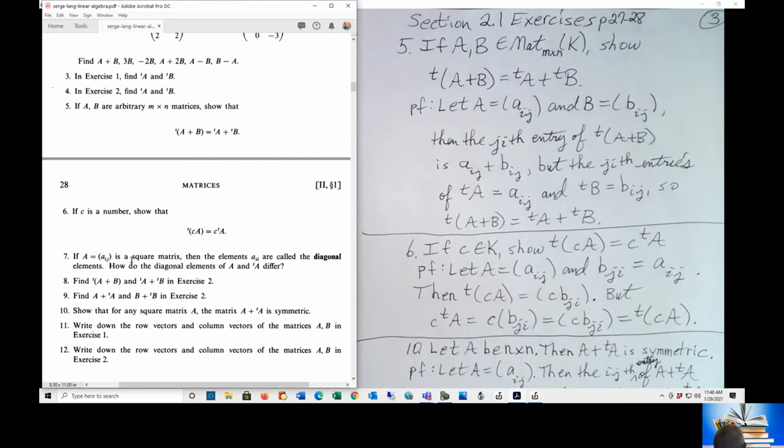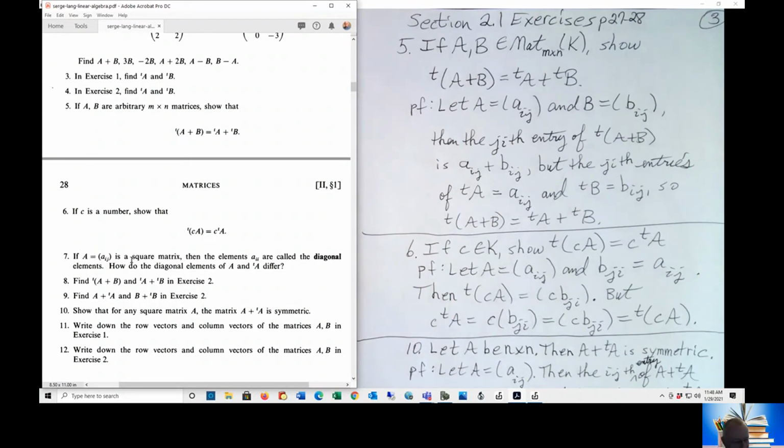Then the jith entry of the transpose of the sum is A_ij plus B_ij. But the jith entries of the transpose of A is A_ij, and of the transpose of B is B_ij. And so they're equal. So that means the transpose of the sum is equal to the sum of the transposes.